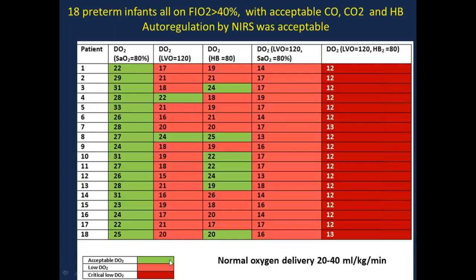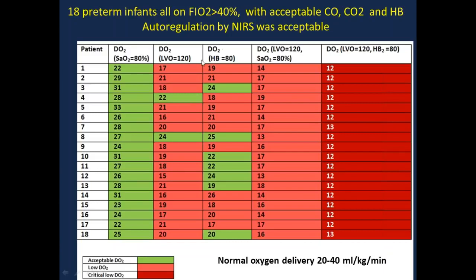And here is a reference of the colors: acceptable oxygen delivery in green color, low oxygen delivery in pink color, and critical low oxygen delivery, at the critical level of anaerobic metabolism and production of lactic acidosis, will be the red color.